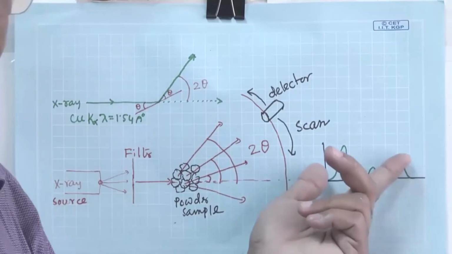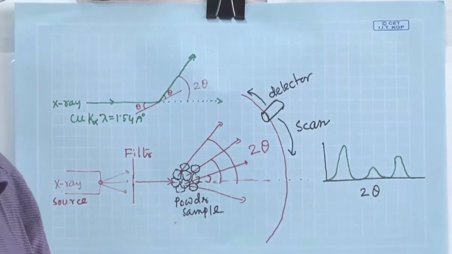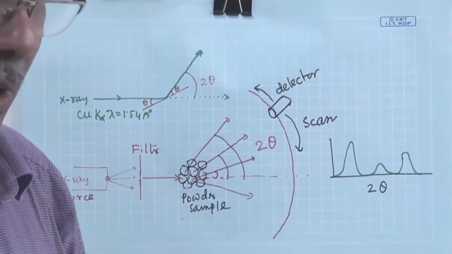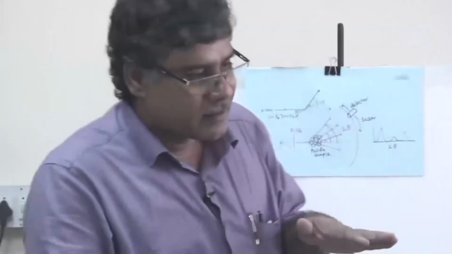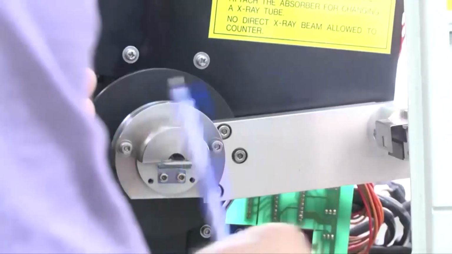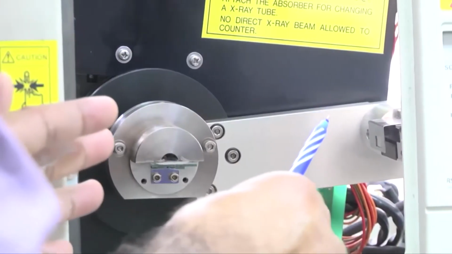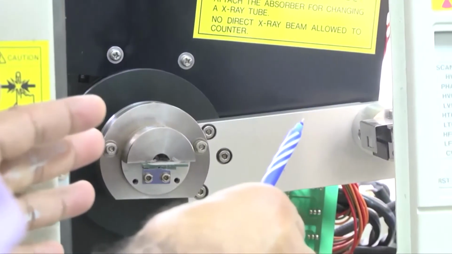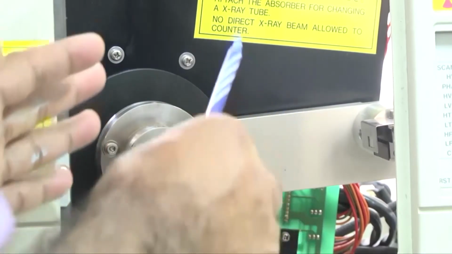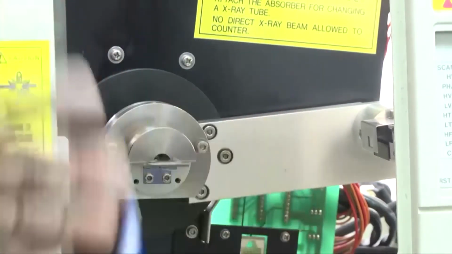I will discuss later how to analyze the X-ray pattern and get the information. From the front side you cannot see everything in a better way, so I will try to show all the components from the back side.